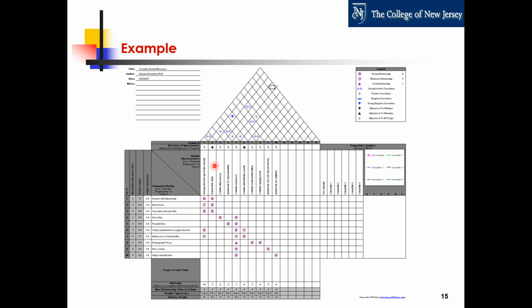So here would be the intersection of this one over here, with this one over here. And it is a strong positive correlation. Frankly, I cannot read this here, but when you get the slides, you'll be able to read it.